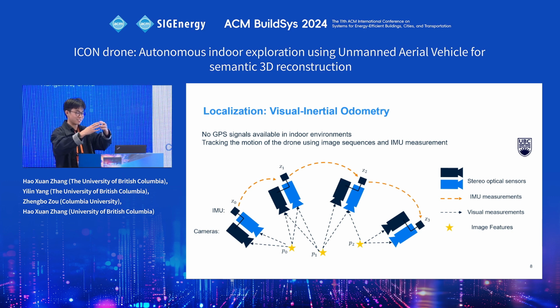Then there are transformations you can calculate to know the positions between the 2 camera frames. By doing that for all the camera frames, you get a trajectory of the drone, and there will be a tightly coupled optimization problem together with the IMU to get the position of the drone.